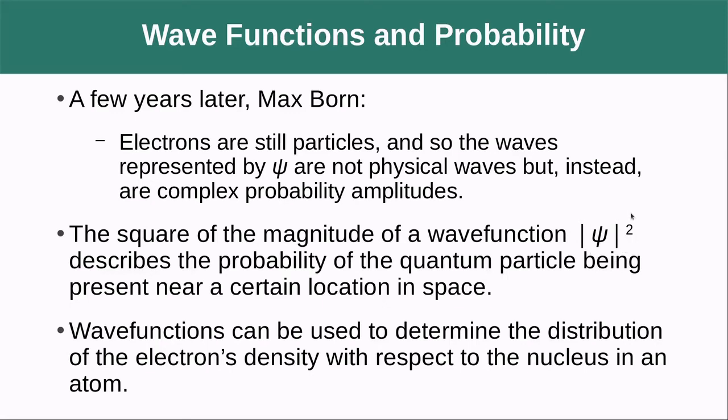Basically, he takes the wave function and multiplies it by its complex conjugate, and in doing so, he clears that imaginary portion, and he winds up getting a not entirely intuitive probability distribution function. This probability distribution function tells you where it's probable and likely that an electron will be around the nucleus, and from this he can infer the electron density with respect to the nucleus in an atom.